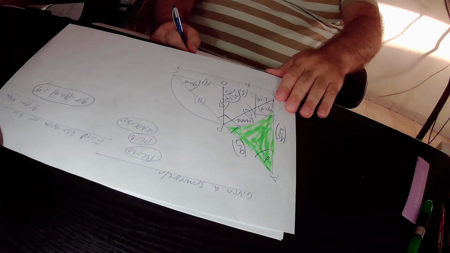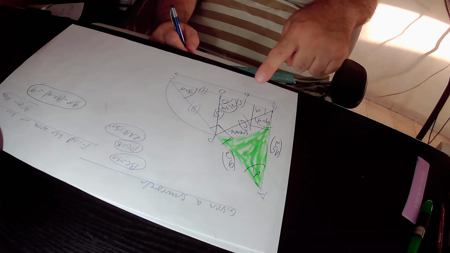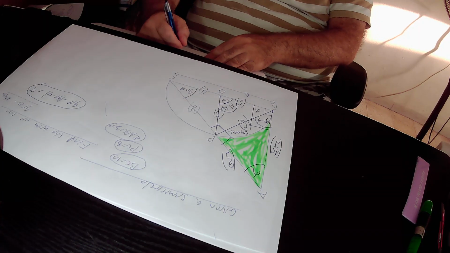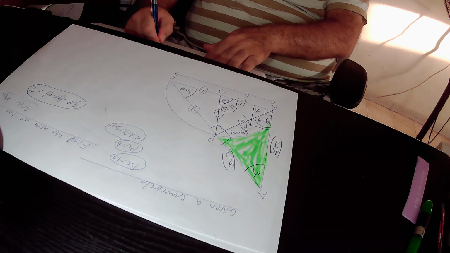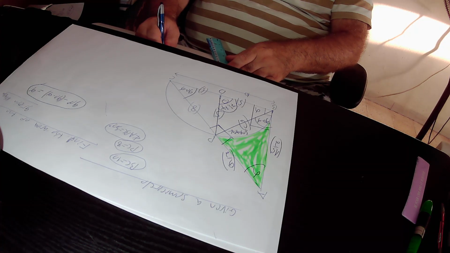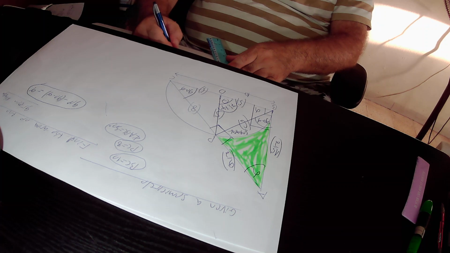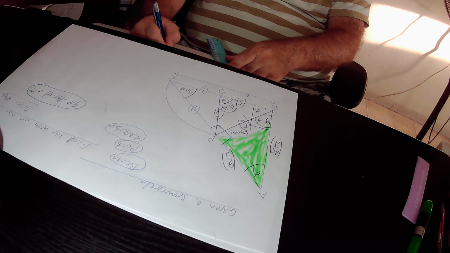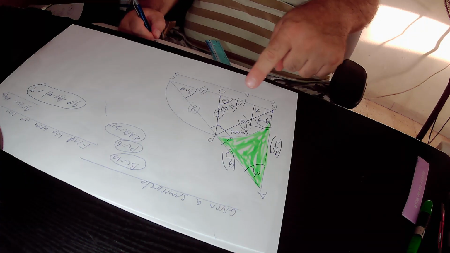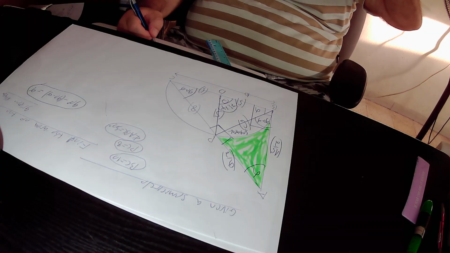From the drawing, it is very easy to see that the area of segment BP equals the area of sector BOP, minus the area of triangle BOP.